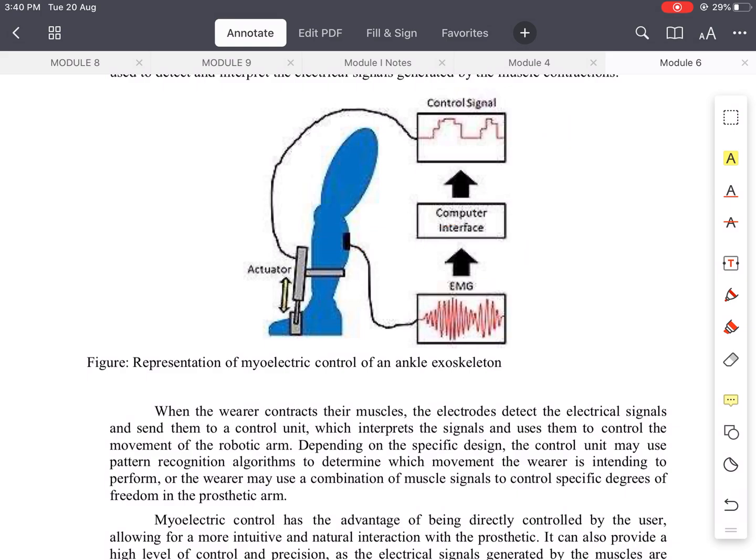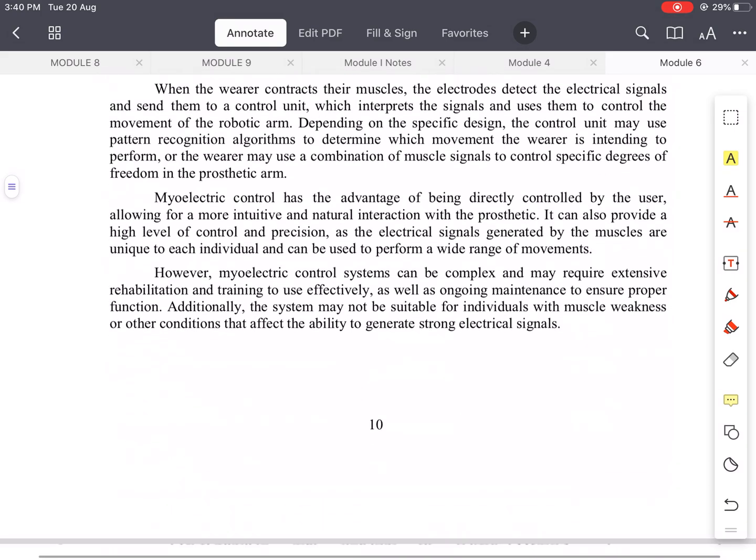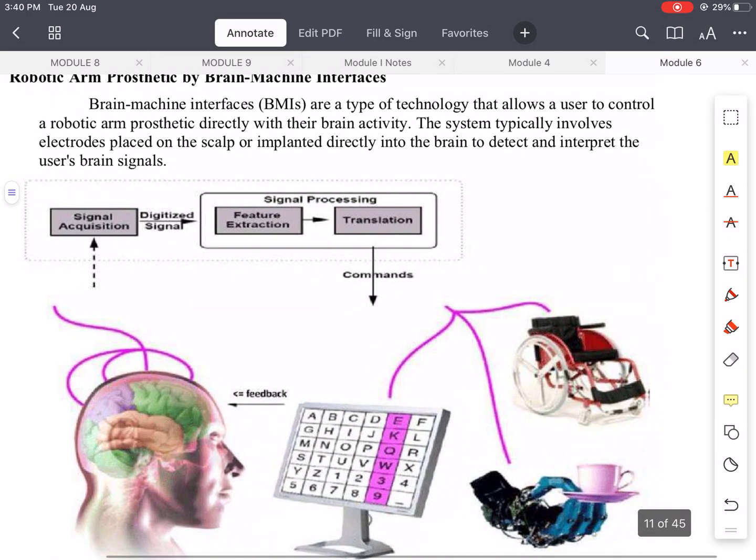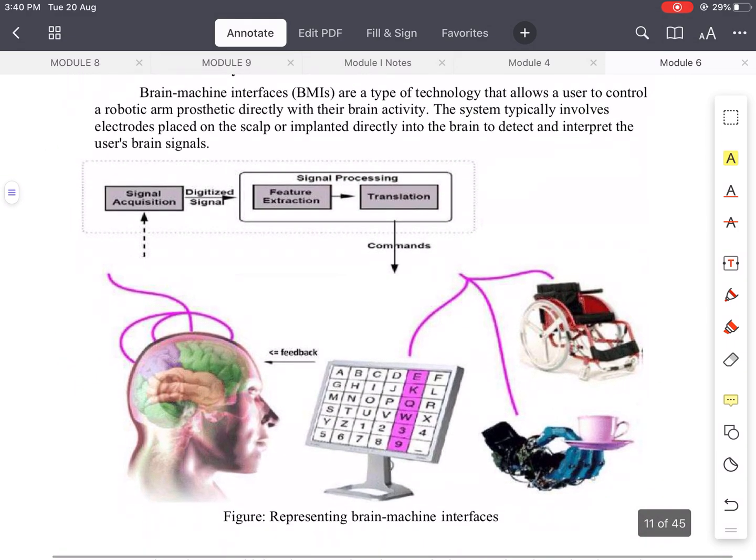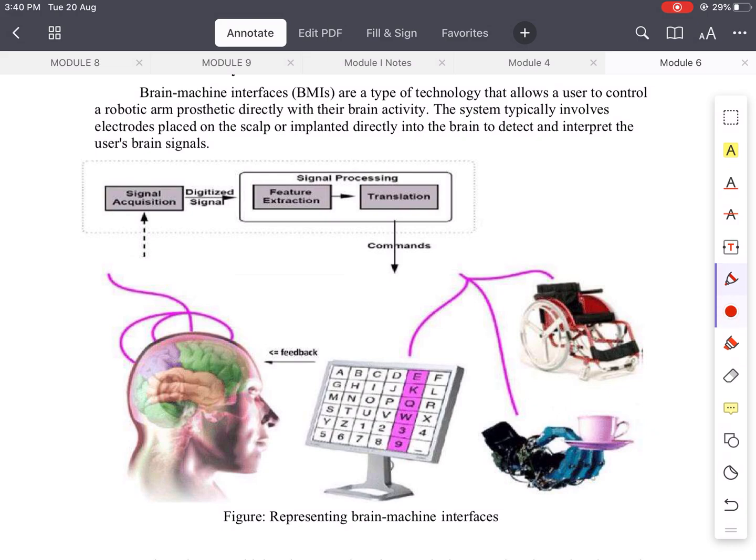Next, let us go for a brain machine interface. This is the main advanced level of signal processing unit adopted in the prosthetic limb. Here the wearer generates an electric signal from the brain.